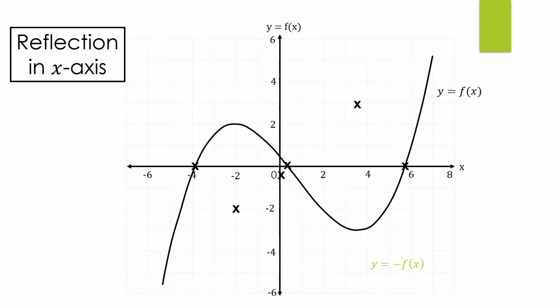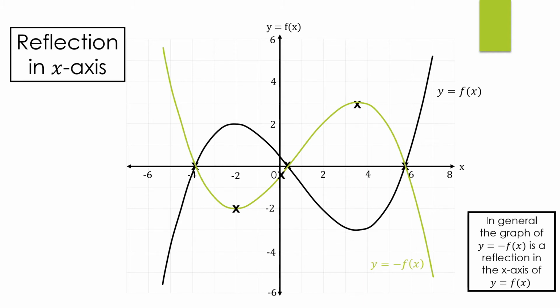And we're going to move up our minimum stationary point to become (3 1/2, 3). And then we need to sketch in our curve through those points, and so you can see that we've got our reflection in the x-axis. So in general, the graph of y = -f(x) is a reflection in the x-axis of our y = f(x) original function.